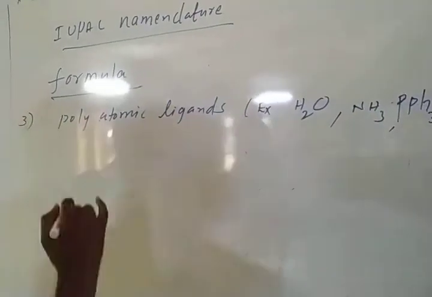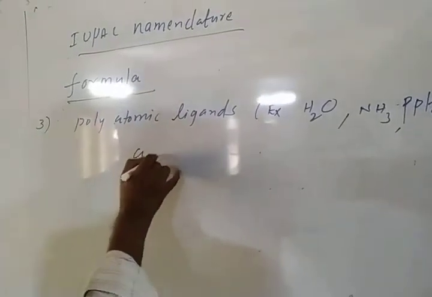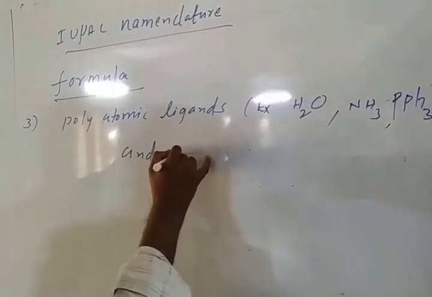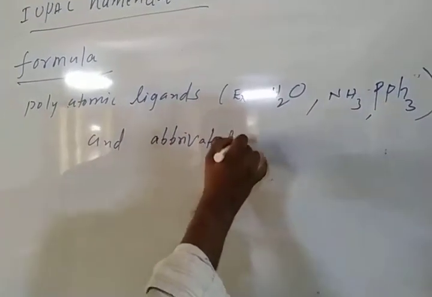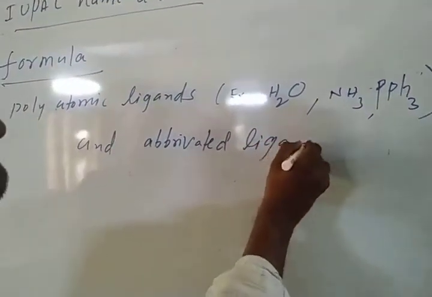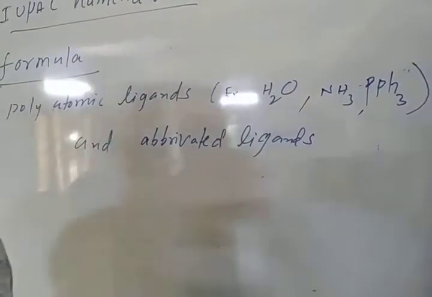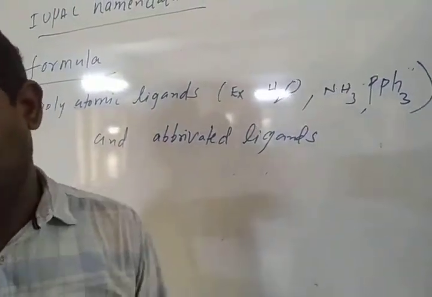So these are polyatomic molecules. So polyatomic ligands and abbreviated ligands. Abbreviated ligands mean they have a long full name.